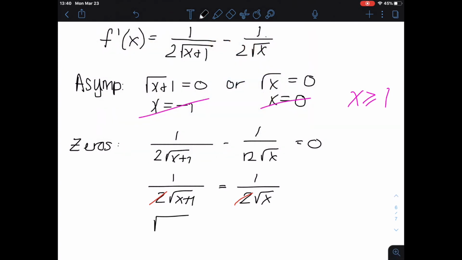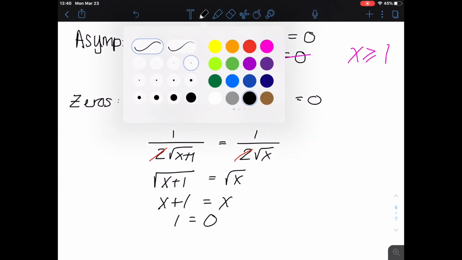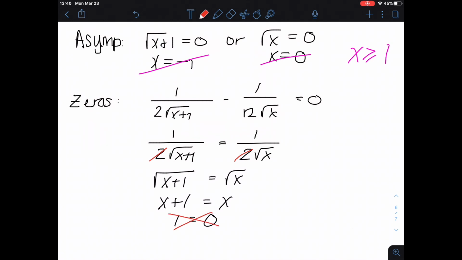So we get the square root of x plus 1 equals the square root of x. So you square both sides. You get x plus 1 equals x. And you run into a problem, because when you go to subtract x, you get 1 equals 0. So there is no zeros for this function, which is good.